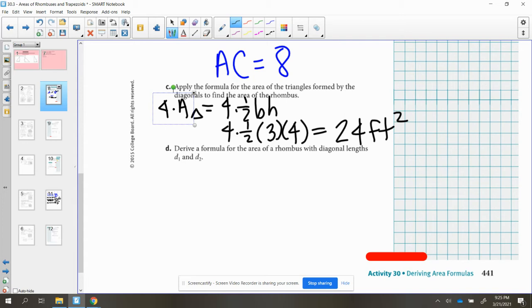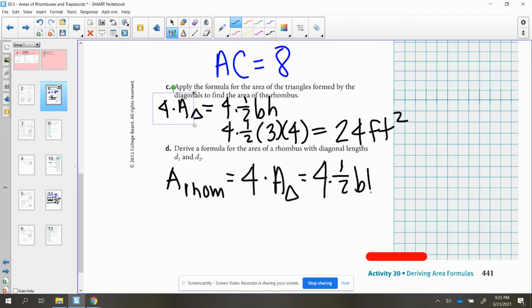Now, if we were going to derive a formula, again, we had that the area of our rhombus, in this case, was the area of 4 of those right triangles put together. So 1/2 base times height. Well, the base and the height were half of diagonal 1, diagonal BD, and half of diagonal 2.